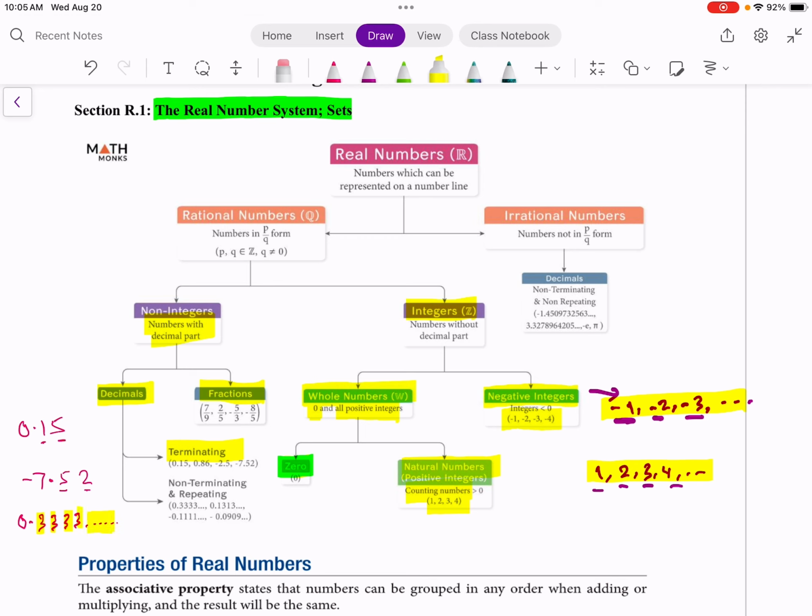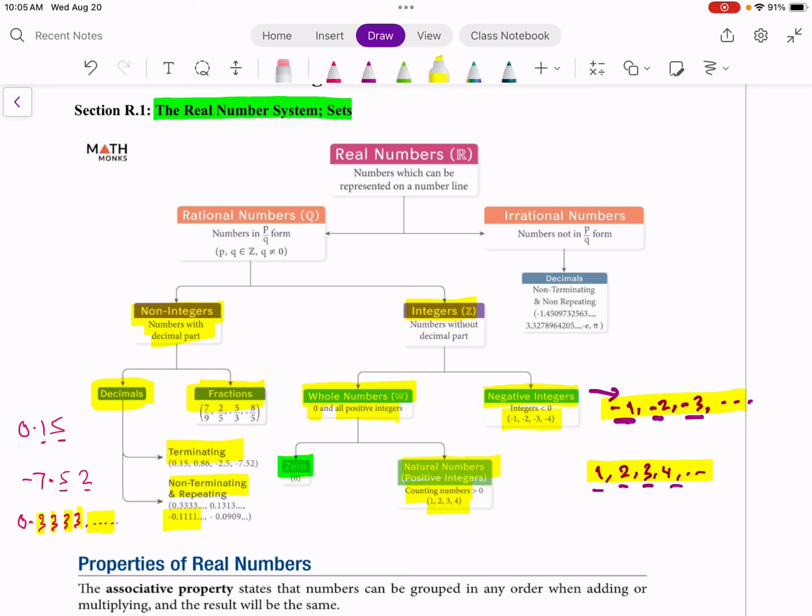Okay, so these are non-terminating and repeating decimals. In a similar way, -0.111 and so on. Okay, and these terminating decimals and non-terminating and repeating decimals all make a decimal. Okay, and decimals and fractions together make non-integer numbers.